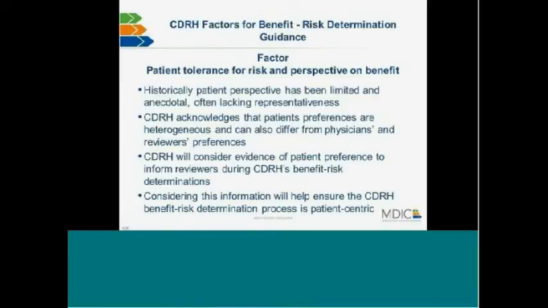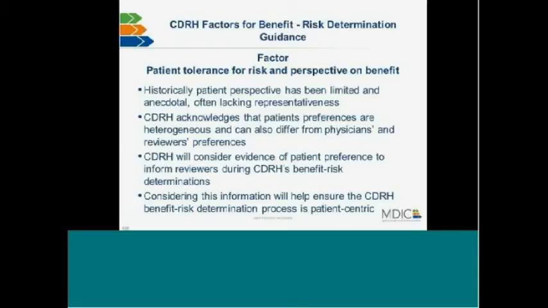And we always had complaints to say, well, how much does this information represent what patients really are thinking about it? So the CDRH acknowledges that patient preferences are heterogeneous, as we mentioned here before, and they also may vary from physicians' patients and even from reviewers' patients. Reviewers have their own perspective, and it was very difficult to consider patient preference as we as reviewers were reviewing a submission.